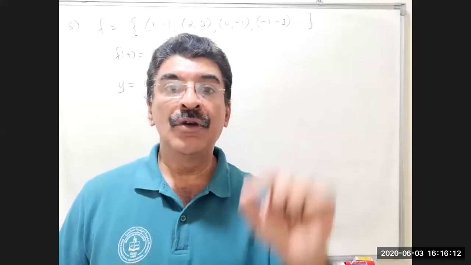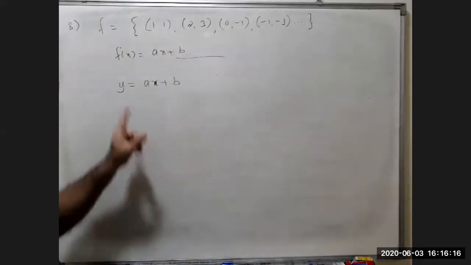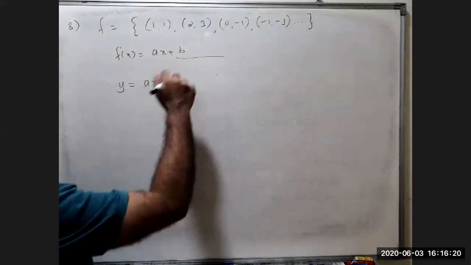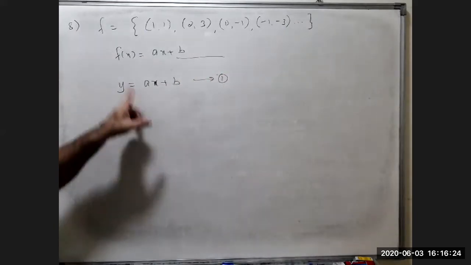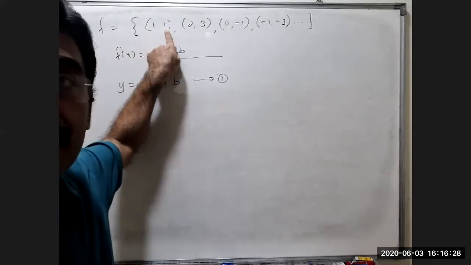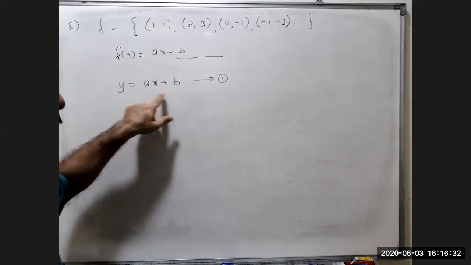So our aim is to get two equations in a and b. We know that y is equal to ax plus b. Equation number 1. Now, each pair is an element of this function.